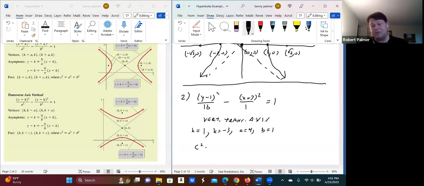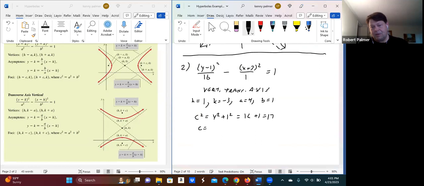Then we need to find c. So c squared is equal to 4 squared plus 1 squared. And that's equal to 16 plus 1 equals 17. And so c is equal to the square root of 17. Just check your calculator. I won't bother going to Desmos for that.